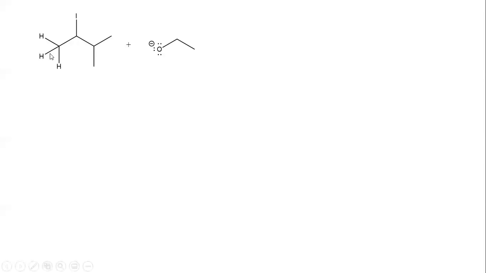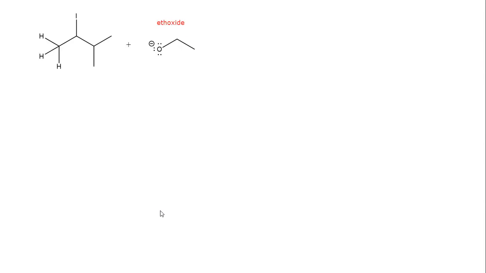So we have a secondary alkyl halide, and we have an alkoxide. This is similar to ethanol, except we removed a hydrogen from it. So the alkoxide here is called ethoxide. And these alkoxides are strong bases. Since we have a strong base and a secondary alkyl halide, this would undergo an E2 mechanism.